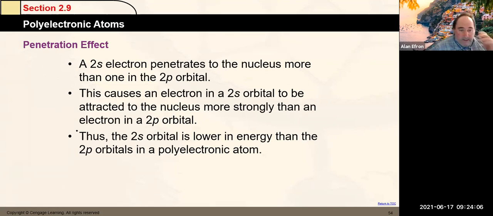And what that means is, when we think about hydrogen and just one electron, if we look at the individual orbitals on the n equals 1, n equals 2, n equals 3 levels, we have our 1s orbital.